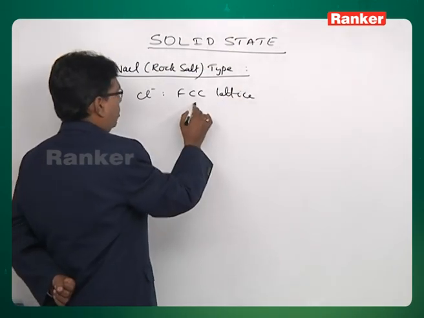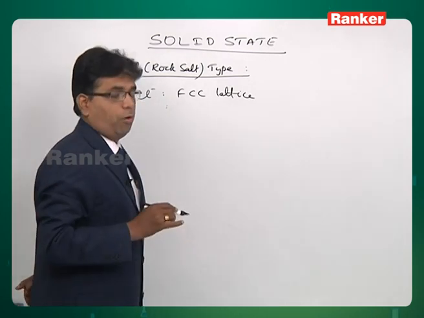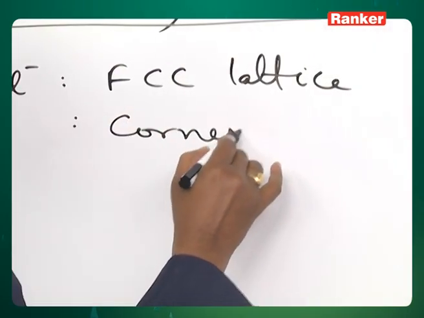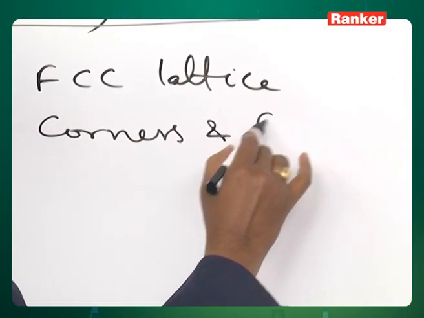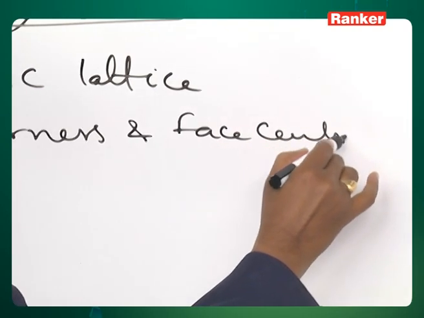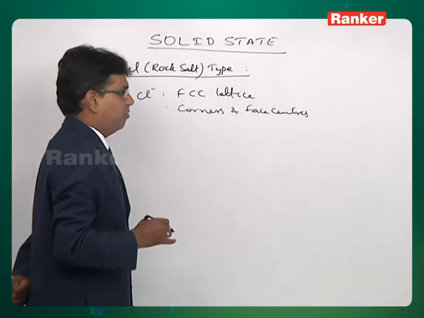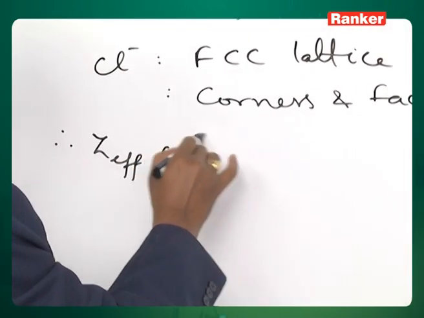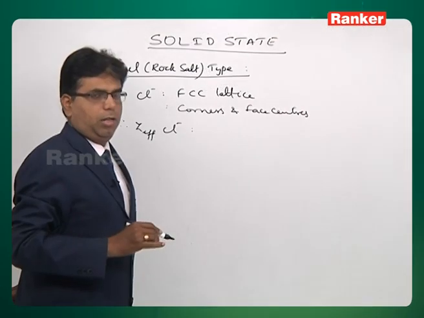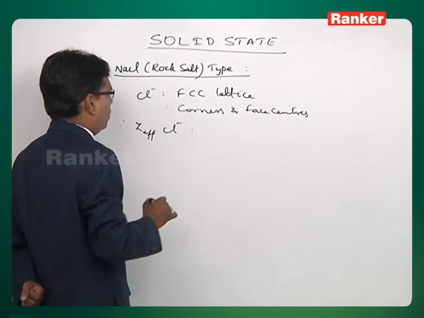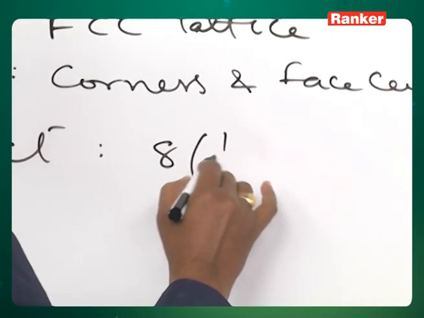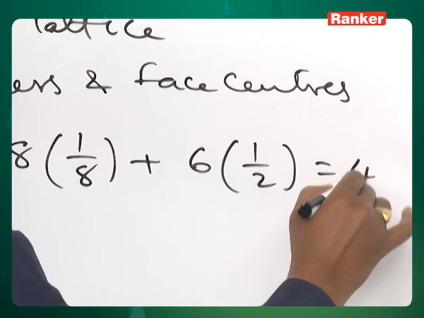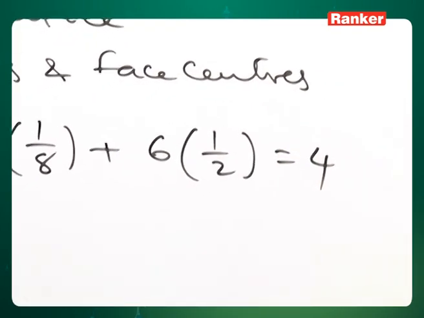That means the lattice points of chloride ions are at corners and face centers. Therefore, the number of effective chloride ions per unit cell is equal to corner 8 into 1 by 8 plus face center 6 into 1 by 2, that is equal to 4.